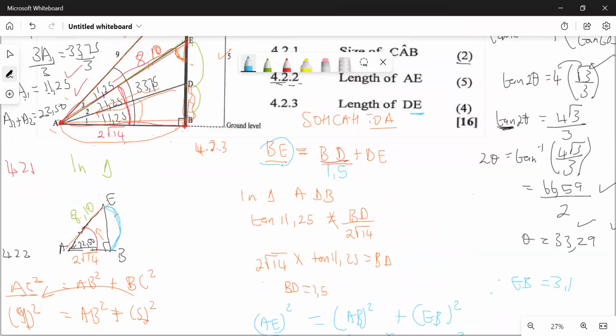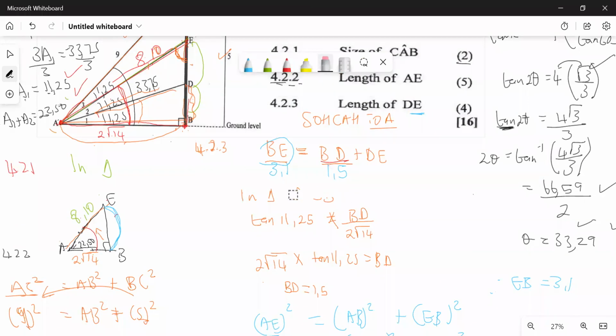So let's tell them what EB is. EB here is 3,1. Then if EB is 3,1, what is going to be ED? We subtract 1,5 from 3,1 to give us DE.